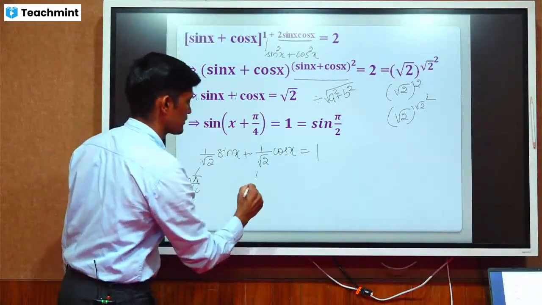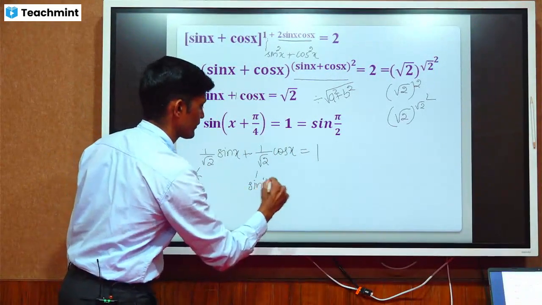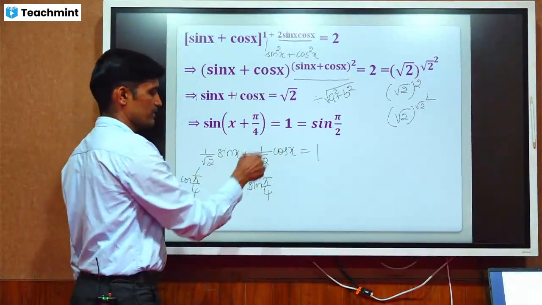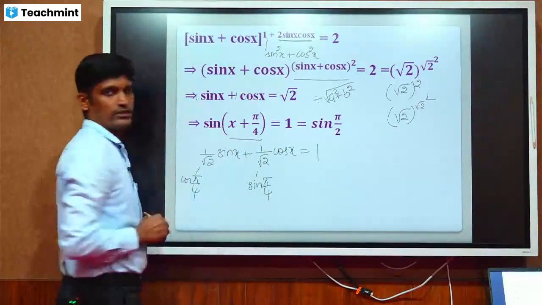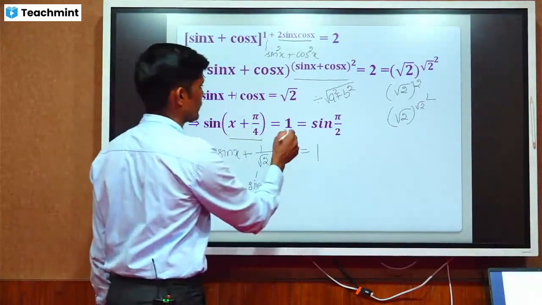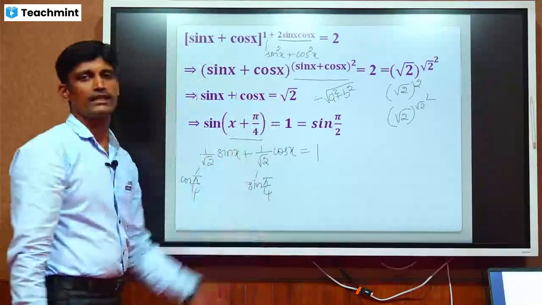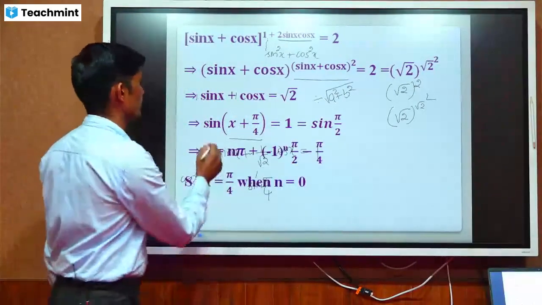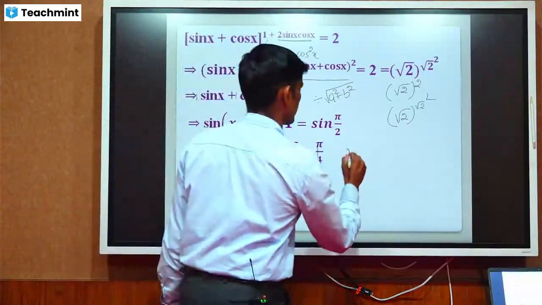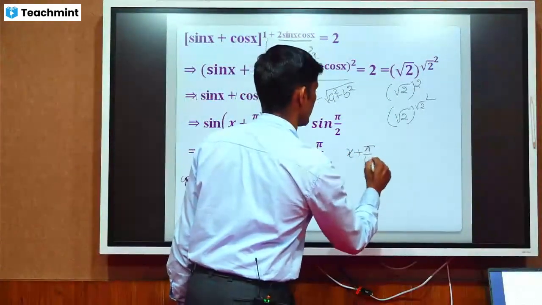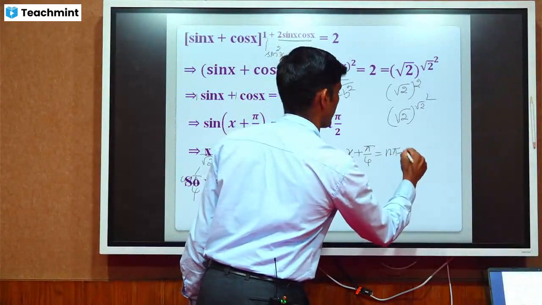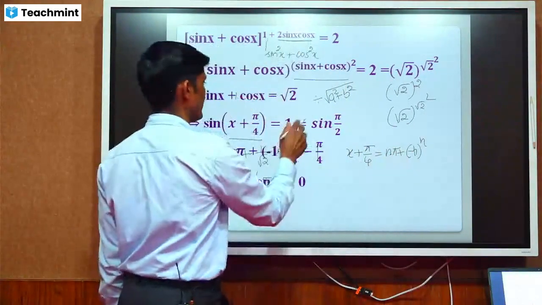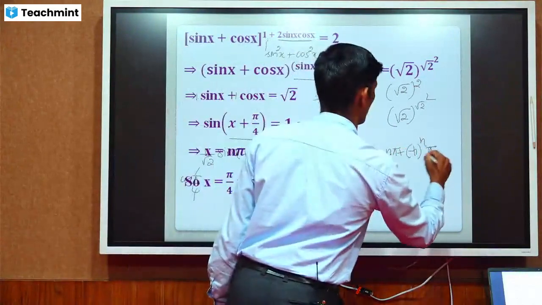and this is sin pi by 4, this is equal to sin x cos y plus cos x sin y is equal to sin of x plus y formula. Sin of x plus pi by 4 equal to 1, that is sin pi by 2. Hence, we can write the general solution: x plus pi by 4 is equal to n pi plus minus 1 to the power n into pi by 2.